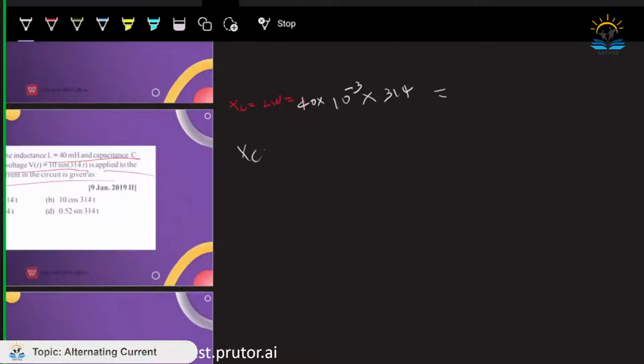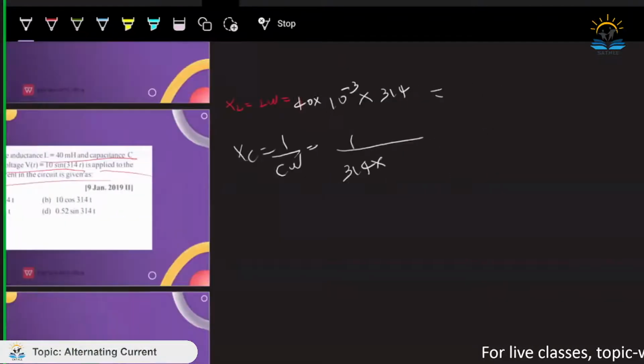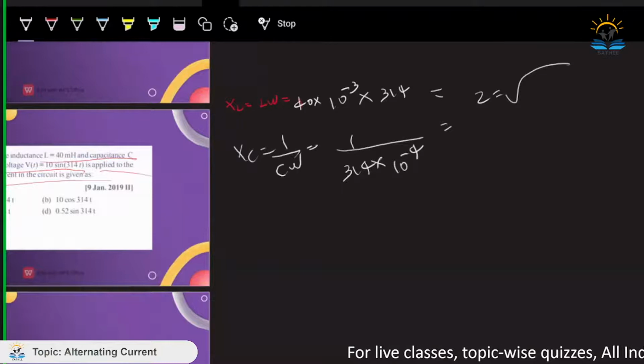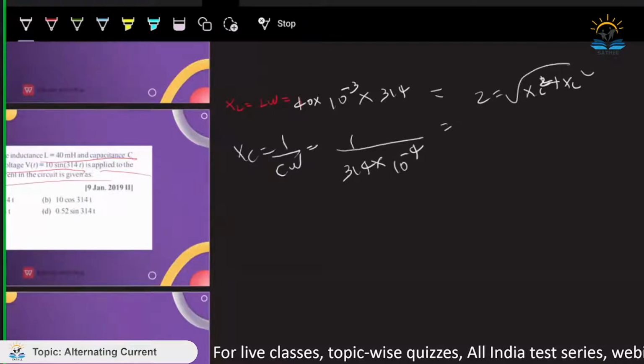And XC will be 1 by C omega. So that will be 1 by 314 into 600 micro, so 10 raised to 4. So we will get XC. Then impedance Z equals root of XC square plus XL square.